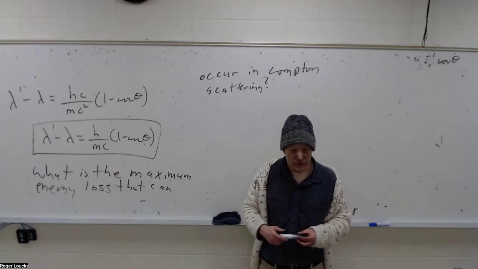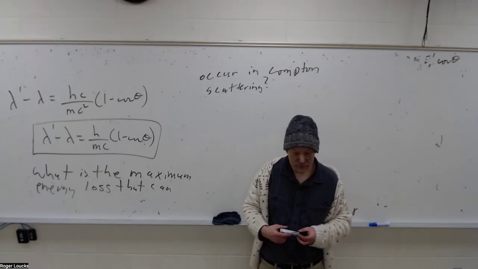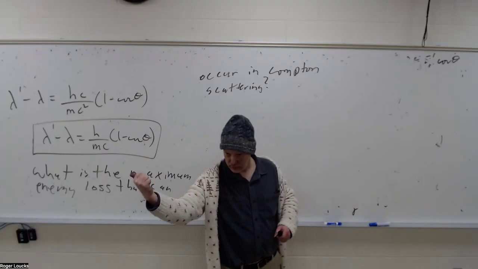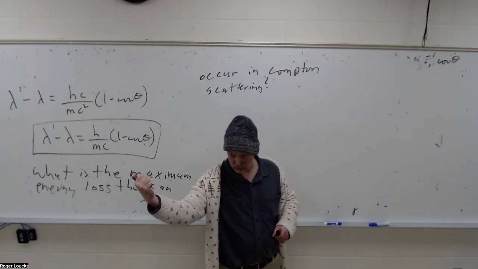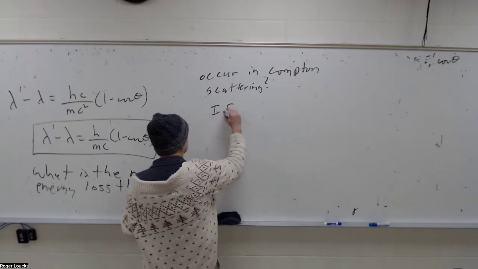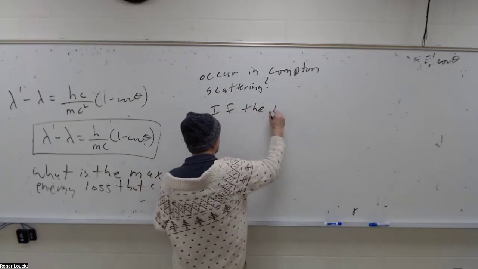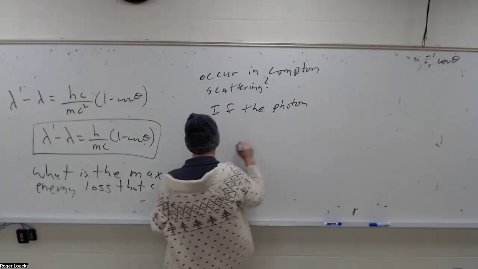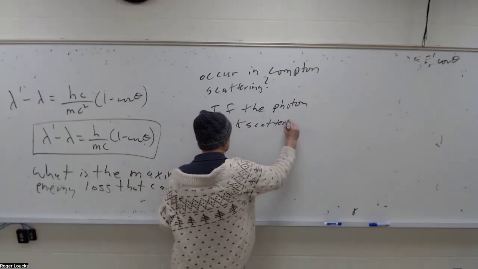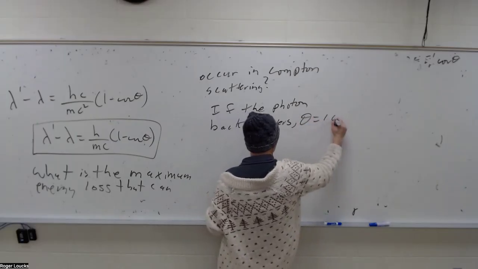Theta can be larger. The photon can come in and backscatter. If the photon backscatters, what is the angle? 180.